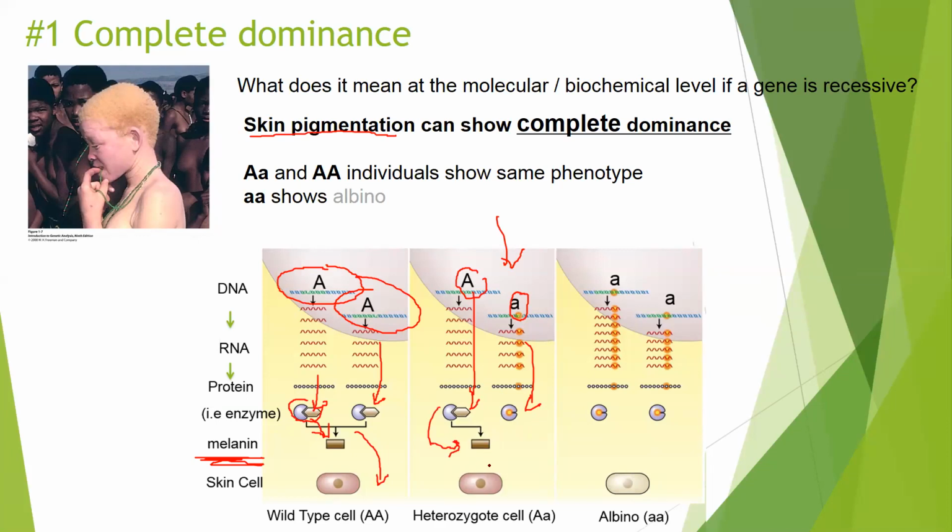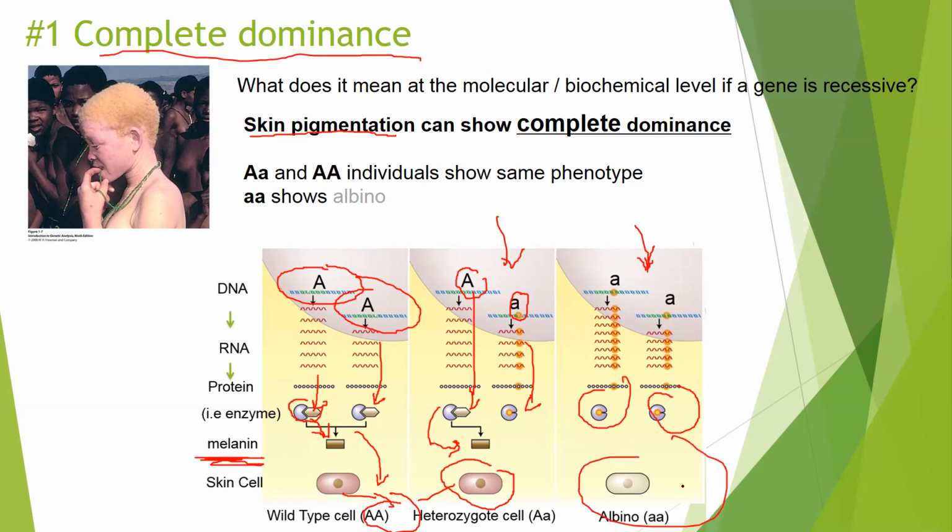Which means this heterozygous individual will have exactly the same phenotype as the homozygous. So this is the complete dominance model. Only in the individual with the homozygous recessive allele, none of the functional enzyme can be produced, and then you're going to see the albino phenotype. So this is an example.